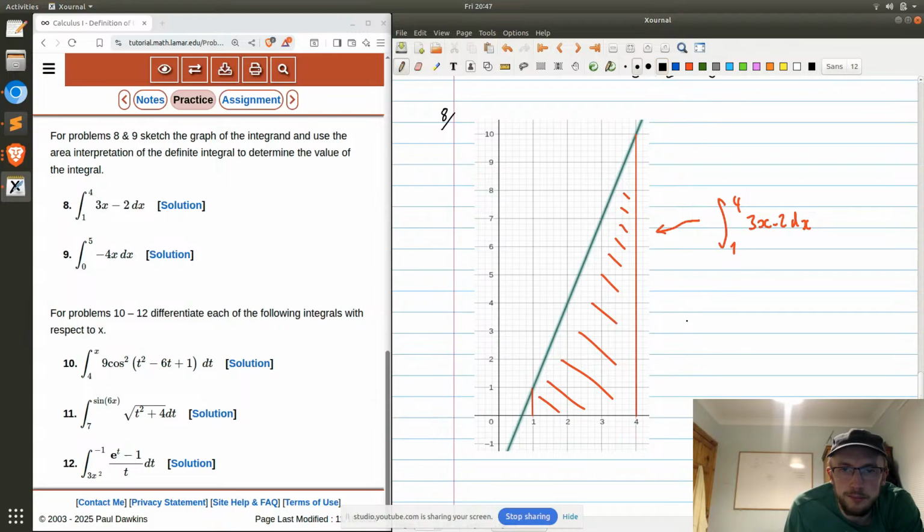Anyway, area of a trapezoid, or trapezium if you like.